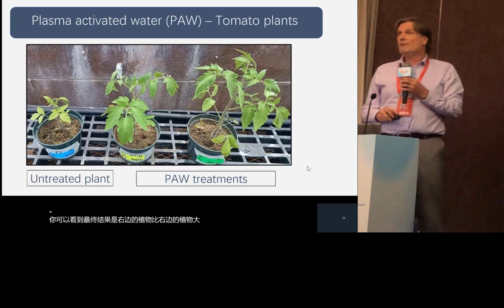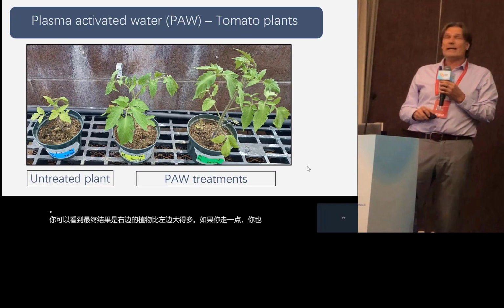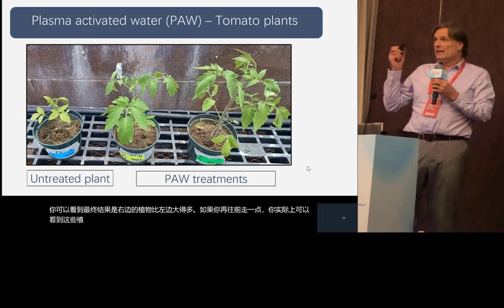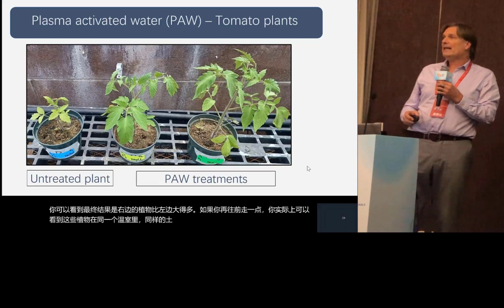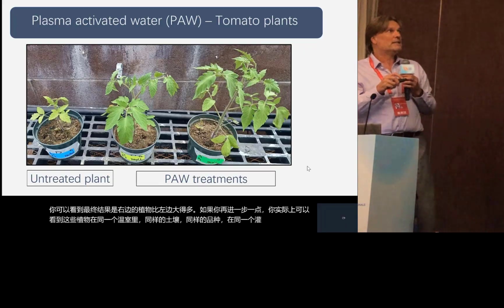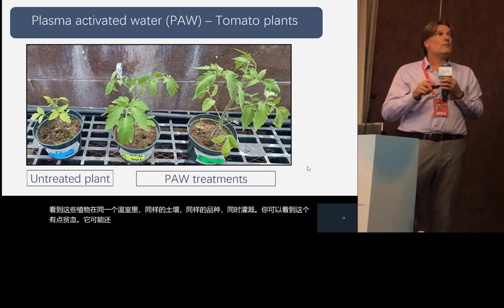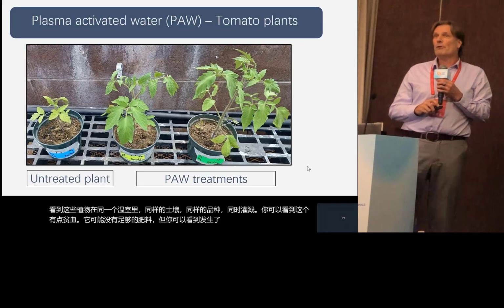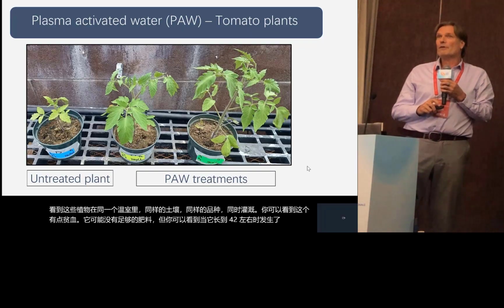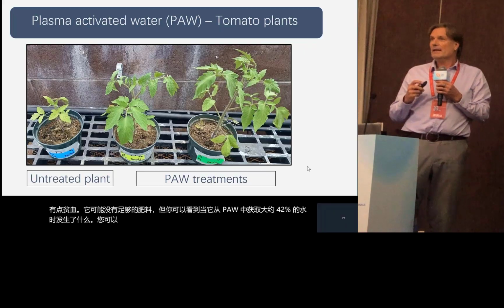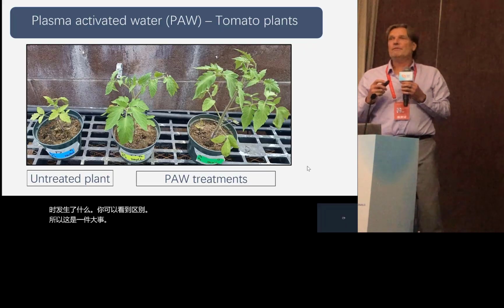You can also, if you go a little bit further, see that those plants were in the same greenhouse, same soil, same variety, irrigated at the same time. You can see that this one is a little bit anemic. It probably didn't have quite enough fertilizer, but you can see what happened with this when it got about 42% of its water from PAW. You can see the difference.